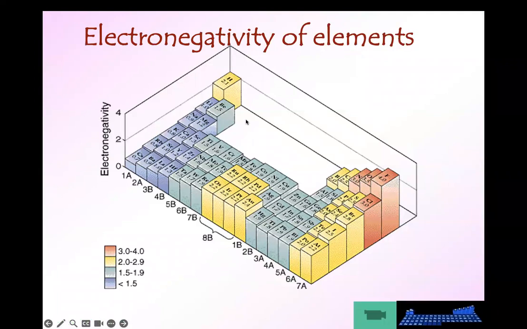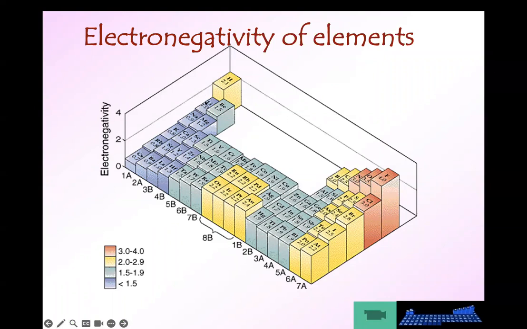So let's take a look at this arrangement instead of the 2D version. For example, lithium, group 1, we neglect the hydrogen first. For the group 1 metals, you can see the trend is stepping down. That is, the electronegativity is going lower and lower.